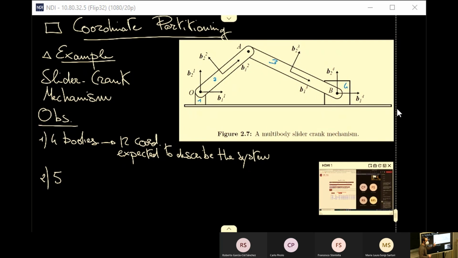One constraint can in theory be characterized by up to 3 equations in 2D space, because it can enforce a condition over the 2 displacements and 1 rotation. So here we are talking about the number of constraints, not the number of constraint equations. So 5 constraints.